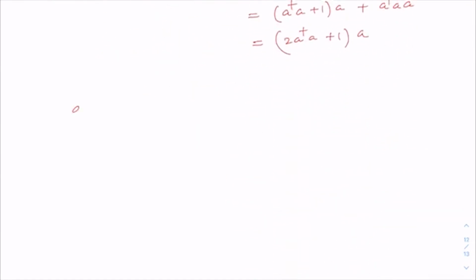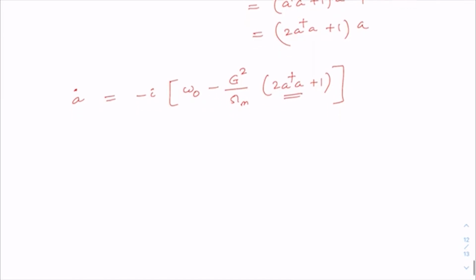So therefore what I have here is a dot is equal to, I can write it as minus i omega 0 minus z square by omega m twice a dagger a plus 1. This can be easily solved because we know that a dagger a, that is the photon number, is a constant of motion.